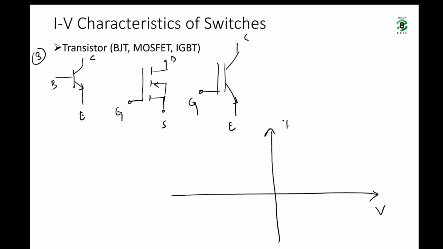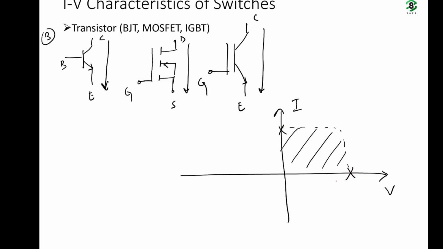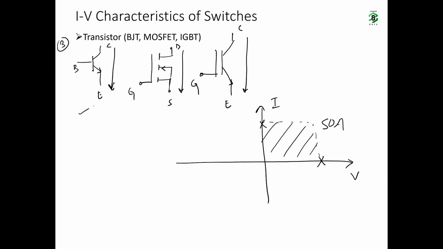This is B, this is A. I told you that these transistors are able to block only one polarity of voltage, that is positive polarity of voltage. Okay, and it allows the current flow only in one direction. Okay, so this is the current. So what is its safe operating area? This is the first quadrant. So this is the IV characteristics of transistors. Okay, this is BJT, MOSFET, IGBT.